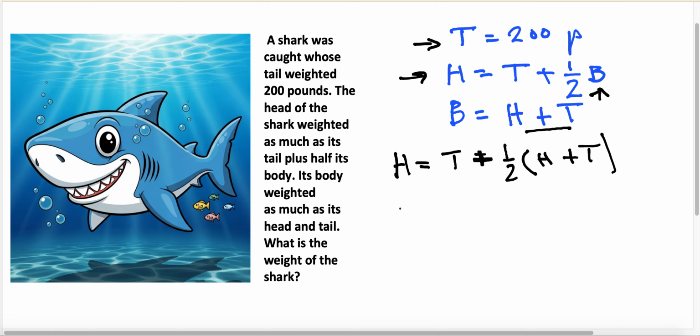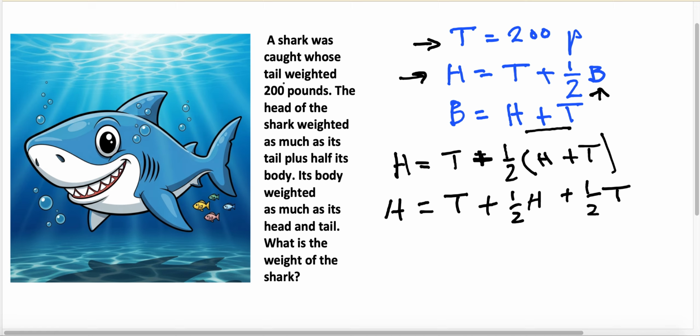So if I'm distributing 1.5 here, the head is going to be tail plus 1.5 of the head plus 1.5 of the tail. So I'm distributing 1.5 on these two parameters.